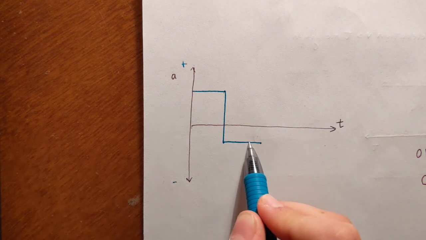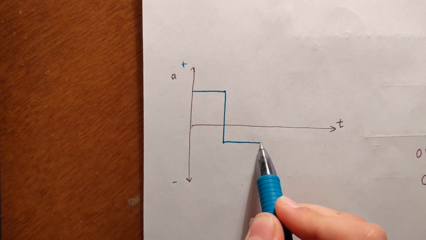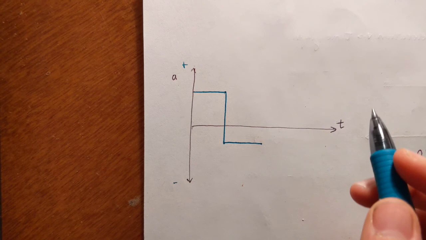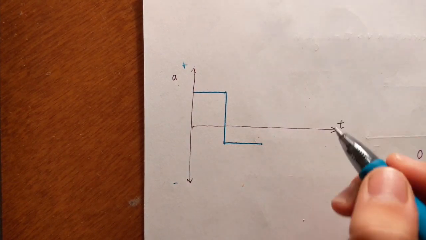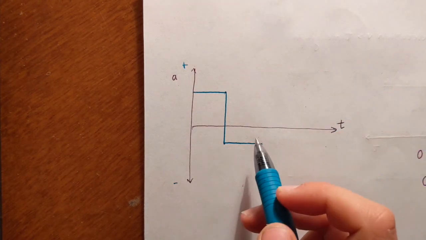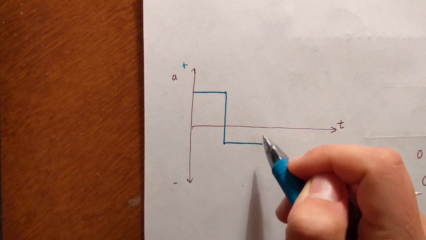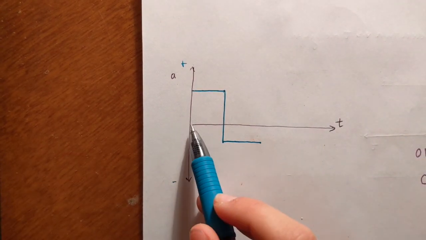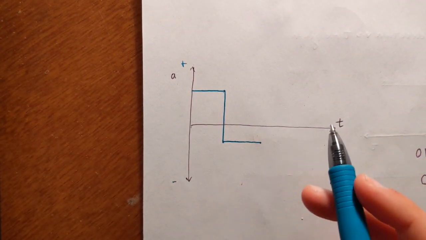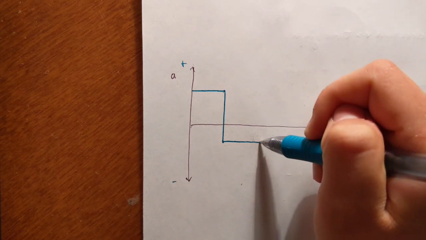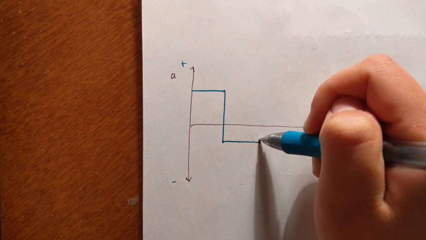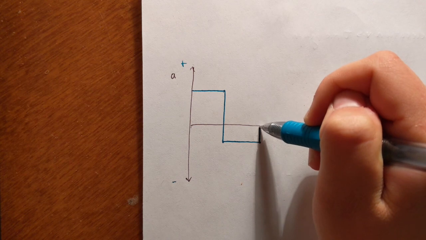So if the object has a negative acceleration, what if then it stops accelerating? Maybe it starts going at a constant speed. Well, if it stops accelerating, the acceleration is going to be 0. So we somehow need to get to the 0 line. And for acceleration versus time graphs, we would draw a vertical line to where we want to be.